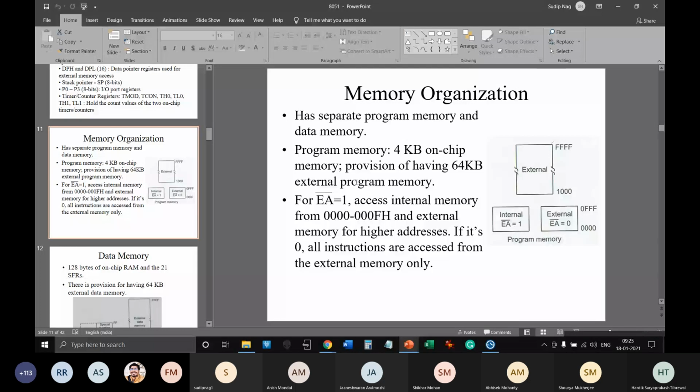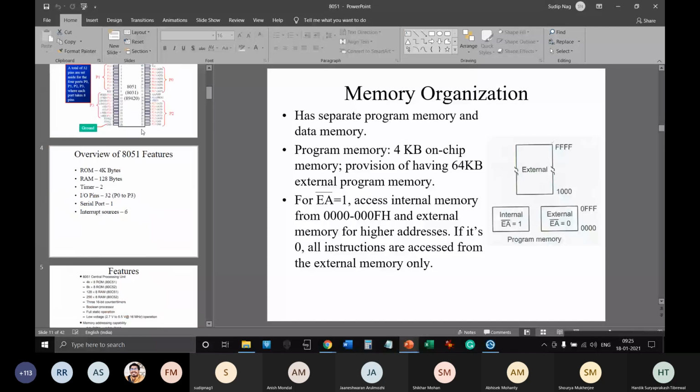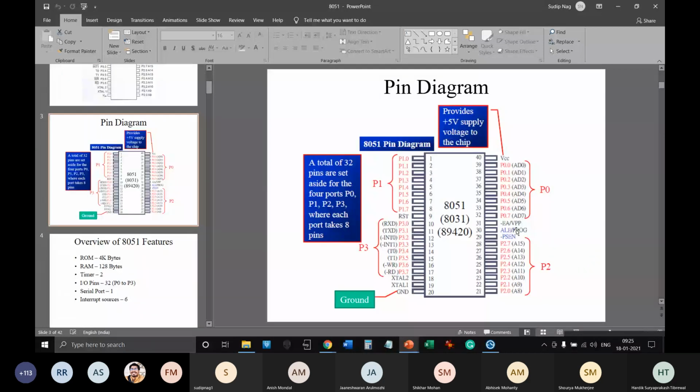So let's go to the pin diagram. For segregating data and program, these lines are important: program store enable and EA bar. These can be controlled separately, or you have to make sure that these signals are properly utilized.